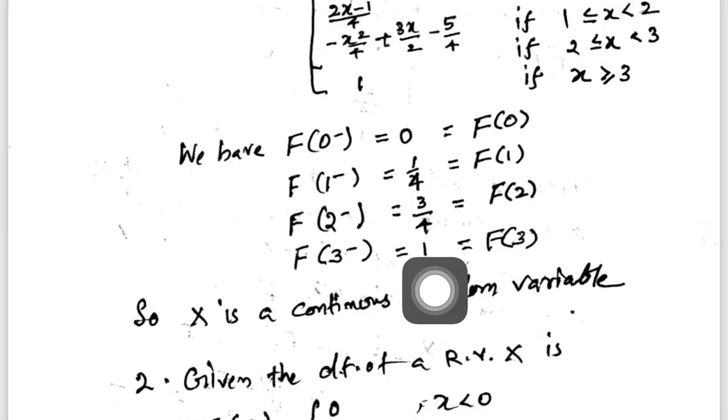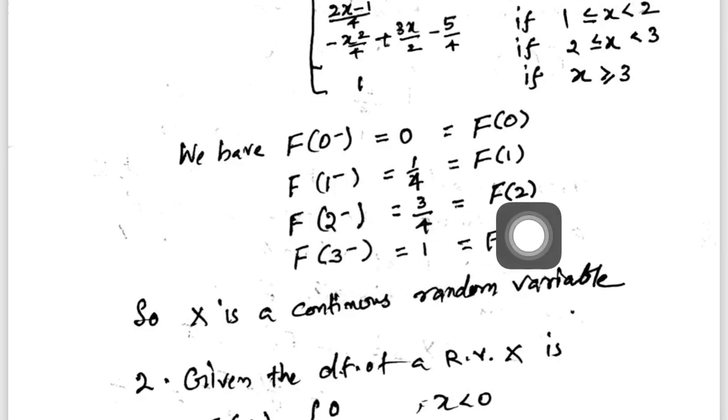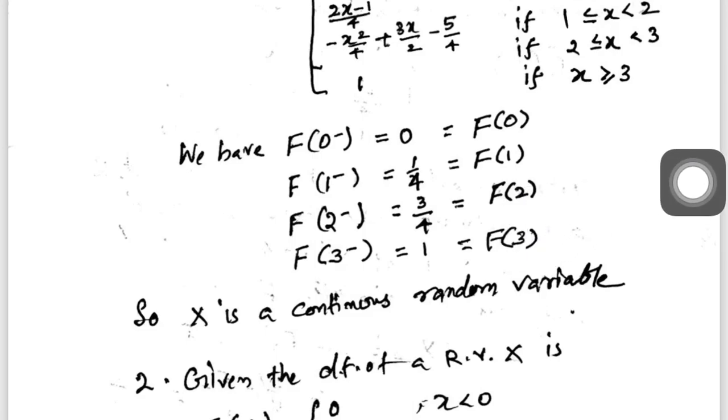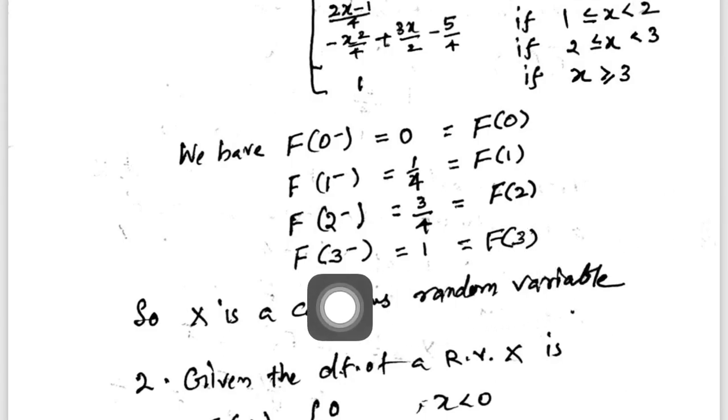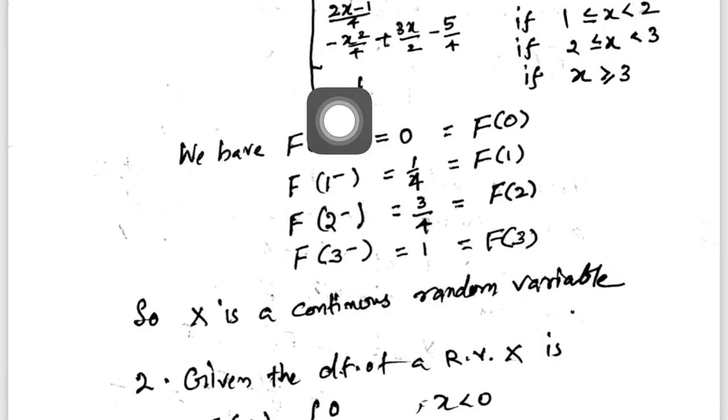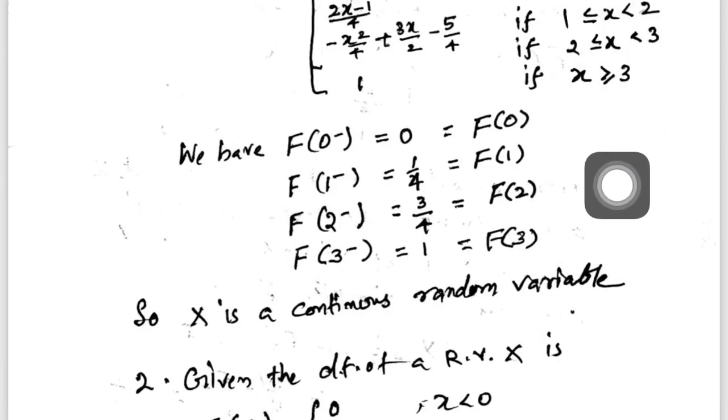So there is no difference between F(3-) and F(3), and similarly no difference between F(2-) and F(2). This means that the distribution is a continuous distribution, or the corresponding random variable is a continuous random variable. So for checking whether a distribution function is that of a continuous random variable, you can use the technique of computing the end values of different ranges.